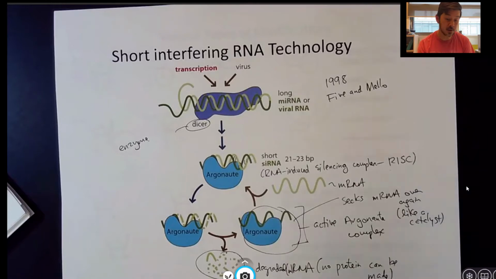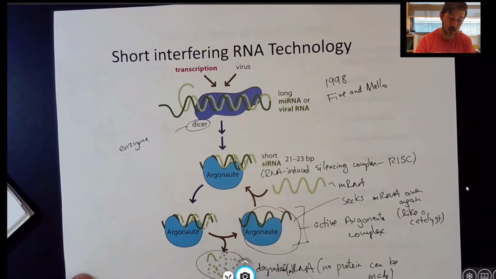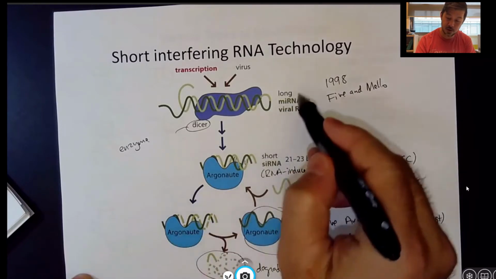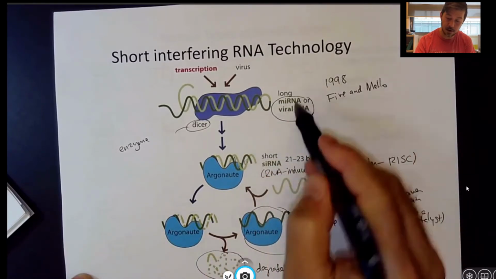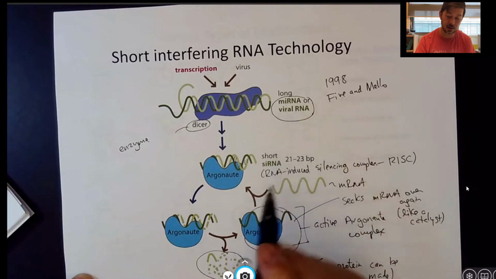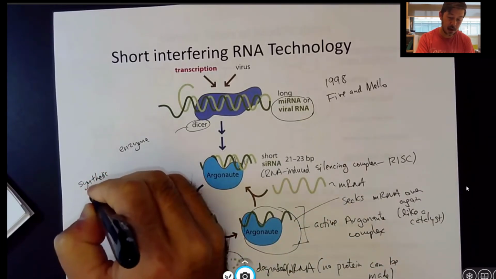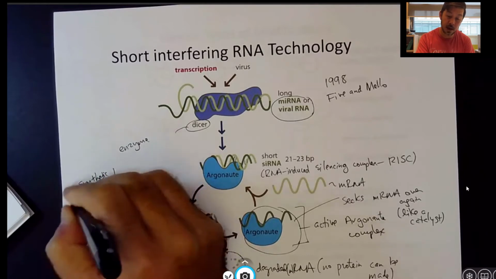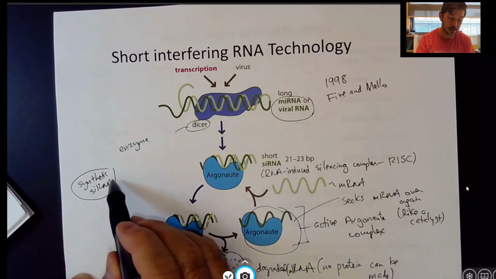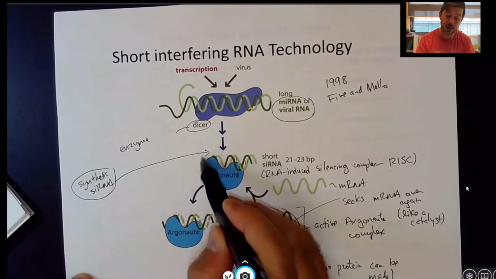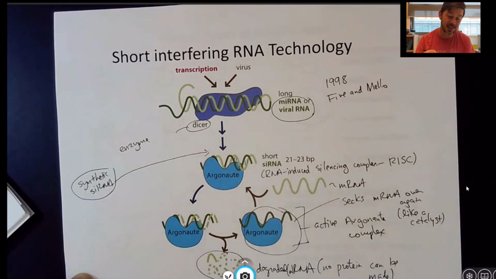And as I mentioned, this is an endogenous process, but what is particularly exciting is that you don't have to use long double-stranded RNAs or viral RNAs. You can actually use a synthetic siRNA that is made in the laboratory. And it is possible to interject it at this point here in order to generate a synthetic siRNA that could target potentially any of the 30,000 genes?